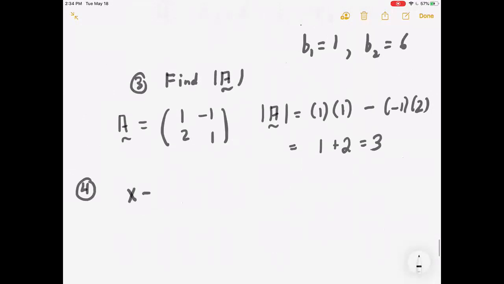So we're in a position now to calculate x according to Cramer's rule. The denominator is going to have the determinant of the coefficient matrix in it. And the numerator is simply going to be the determinant of the coefficient matrix, where you replace the first column by B1 and B2.